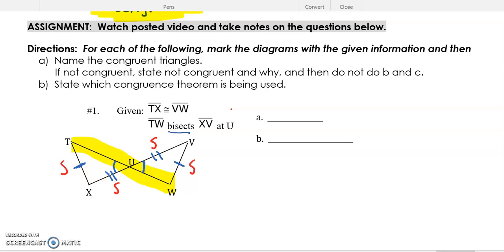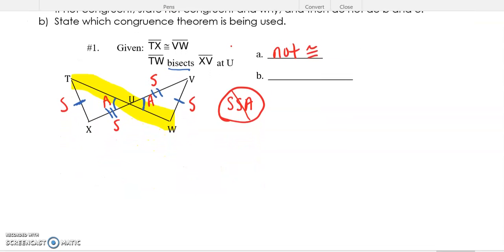So right now, I have a pair of angles, and the angle is not between the 2 sides, so this is side-side-angle. This is not one of our reasons. So, name the congruent triangles? Well, these are not congruent, because side-side-angle is not going to guarantee that we have congruent triangles. So there's really not much to do for that one.